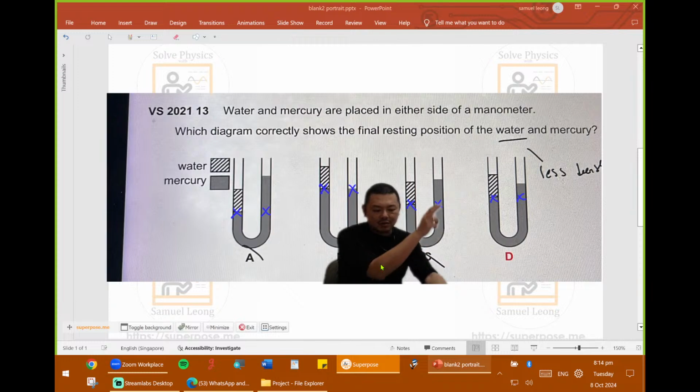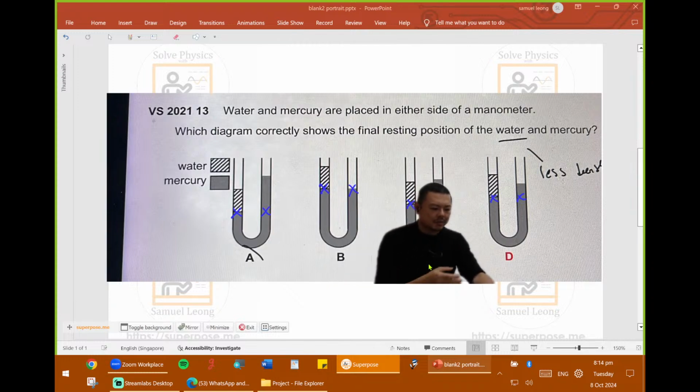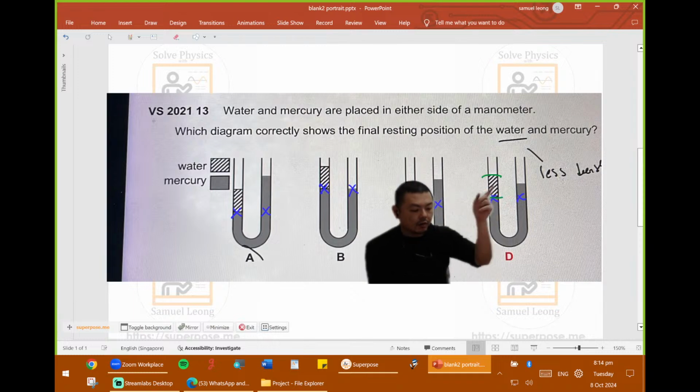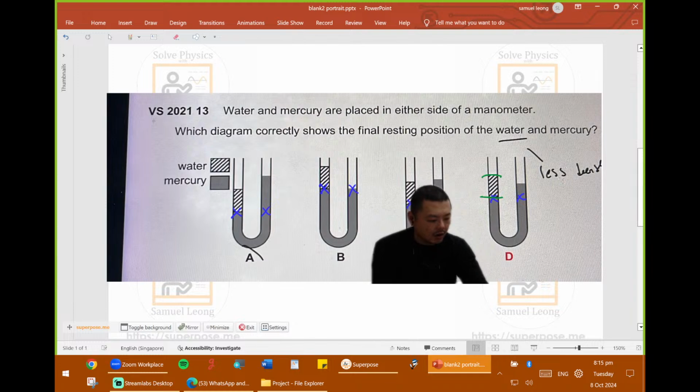Again, C is trying to indicate that mercury is less dense than water, which is not true. So D's the answer, because for the amount of water, you just need a shorter column of mercury to have the same amount of pressure.